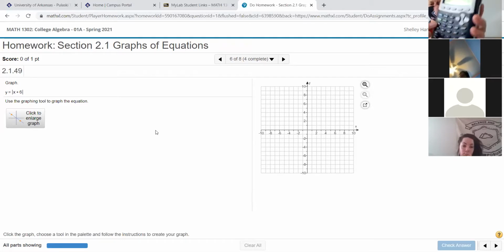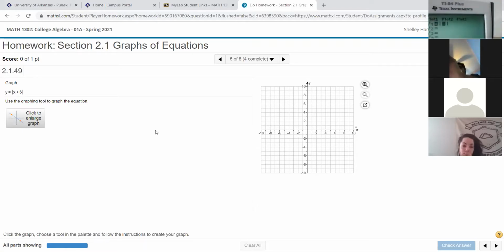If you hit this math button, and then use your right arrow button and go over to NUM, look at what number 1 is under that. Mine says ABS with a little parenthesis. That's your absolute value function. So I want to hit enter because that's what's highlighted, right? That is absolute value. So I'm going to go ahead and hit enter.